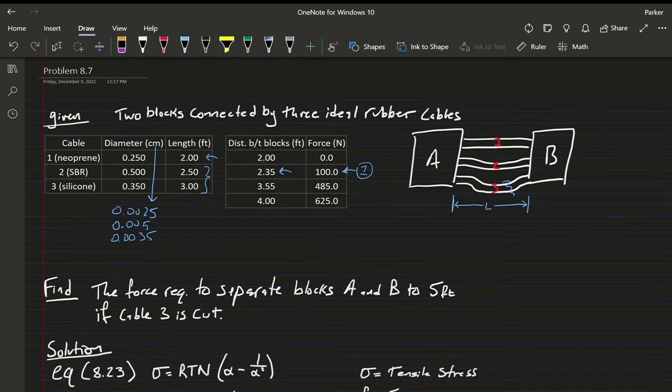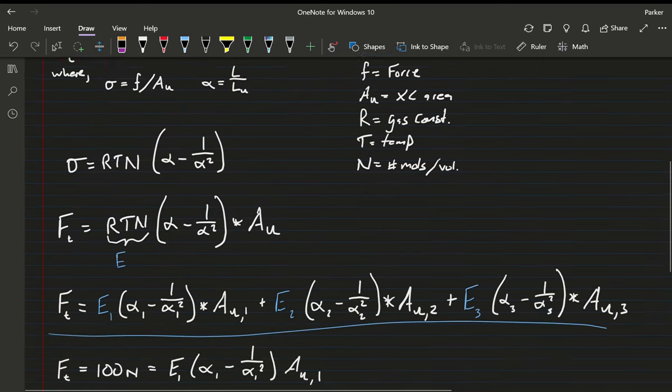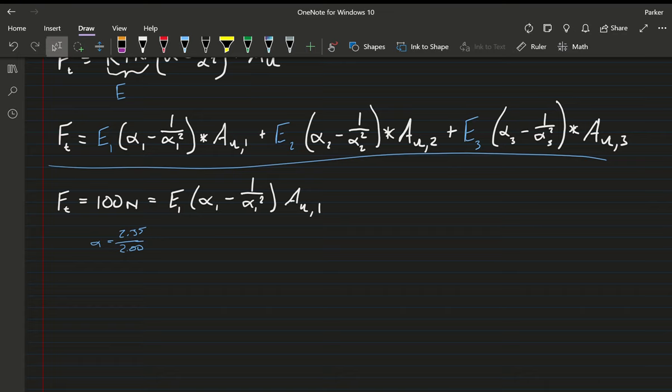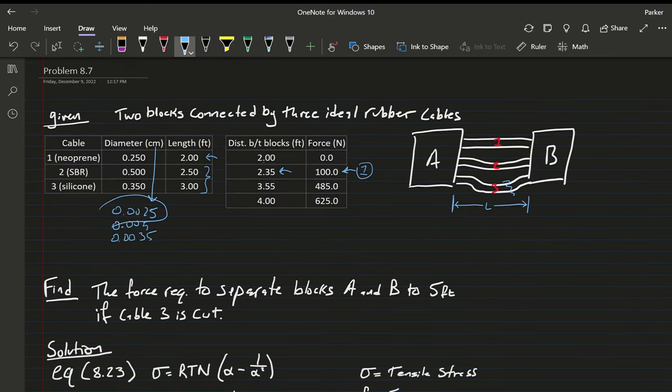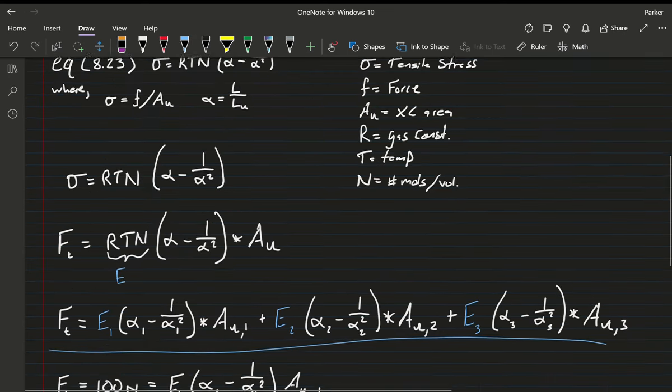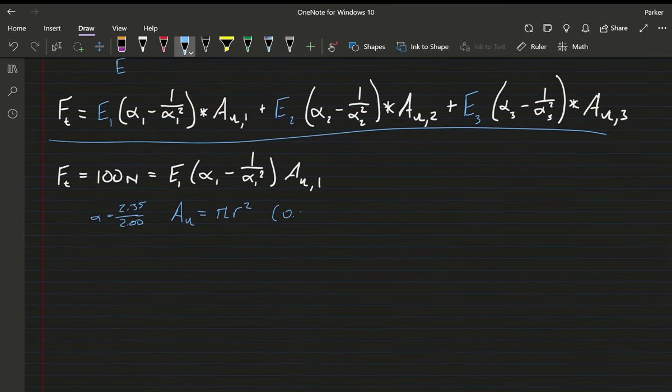What we do have to worry about is these centimeter units, because that will not become unitless. That's during our cross-sectional area calculations. So for cross-sectional area, it's just equal to pi r squared. And what is r? 0.0025 meters squared, times pi.